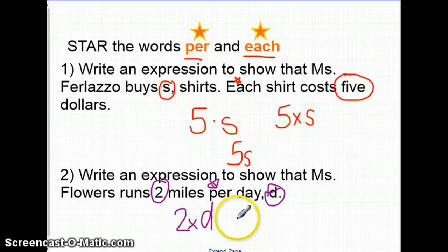Doesn't that look a little confusing? So make sure we write it without anything. So 2d, so 2 multiplied by d. 2, again, is our amount of miles that I run, and the d is the day, so depending on how many days, 2 times a certain amount of days will get me my answer.